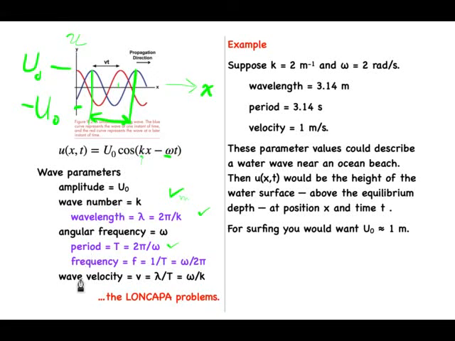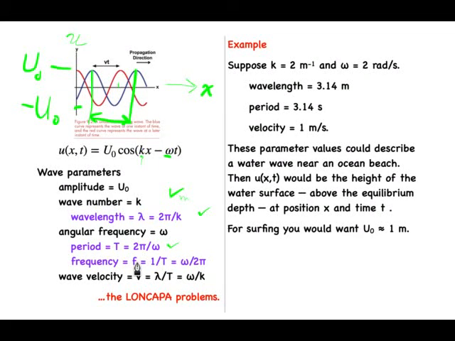Now what about the frequency? Well, the frequency is 1 over the period. So suppose the period is 1/60th of a second. Then the frequency is 1 over 1/60th of a second. It's 60 cycles per second, or 60 hertz.